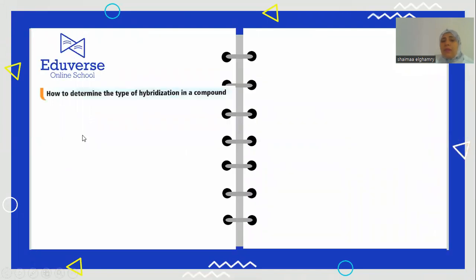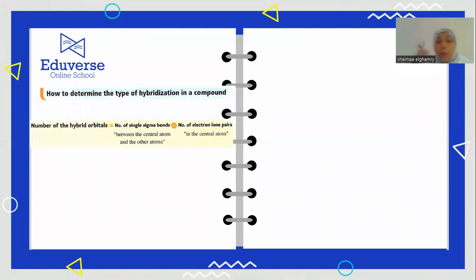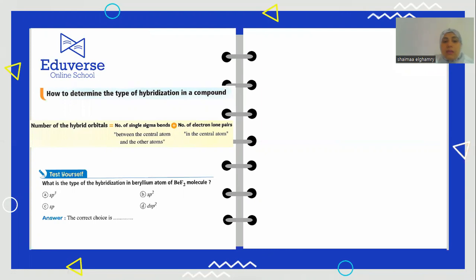How to determine the hybridization in a compound? If we have any compound, we want to know the hybridization. The hybridization is represented by sigma bonds and lone pairs of electrons if they are found. So what is the type of hybridization in BeF2? In BeF2, beryllium is an exception from the octet rule.